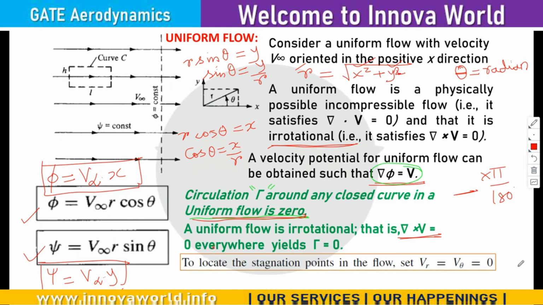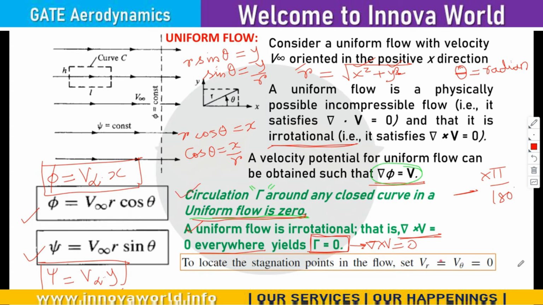The flow happens everywhere, and wherever the uniform flow is present, the circulation will also be 0. Circulation 0 represents that the flow is irrotational. These are the key points. They might ask a question based on these facts.